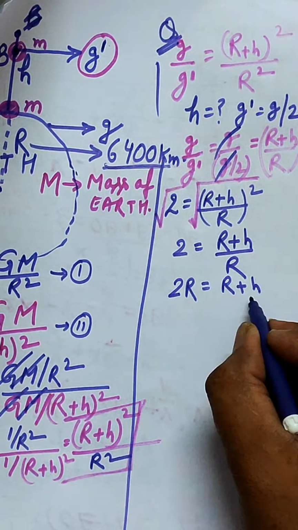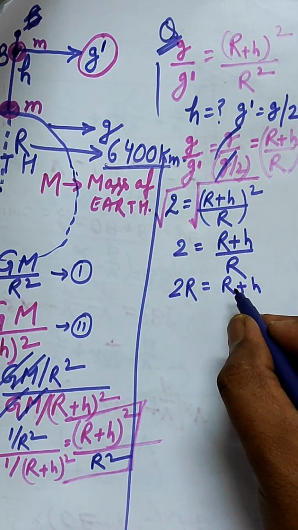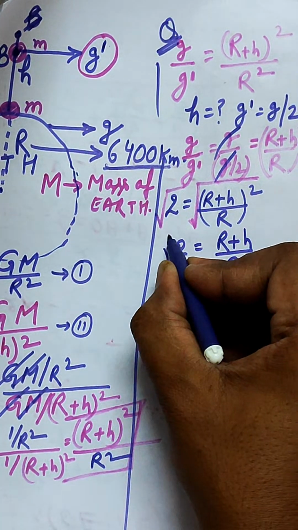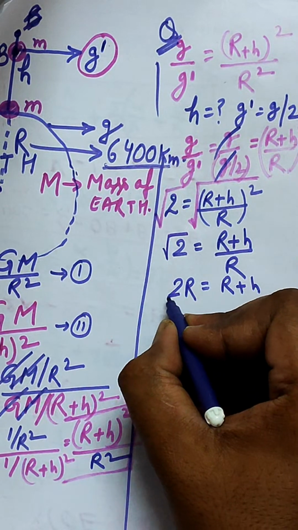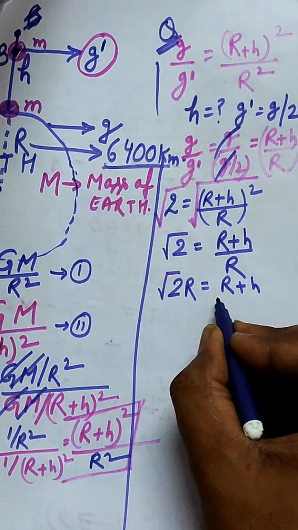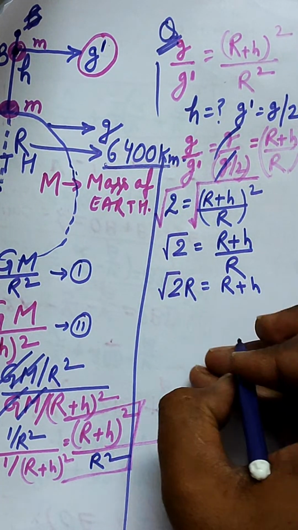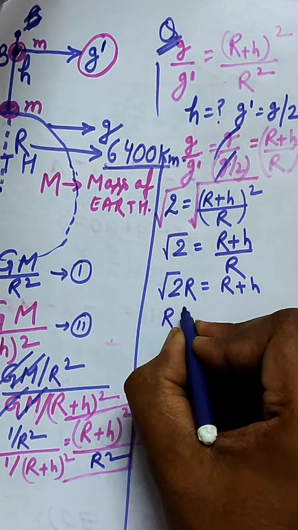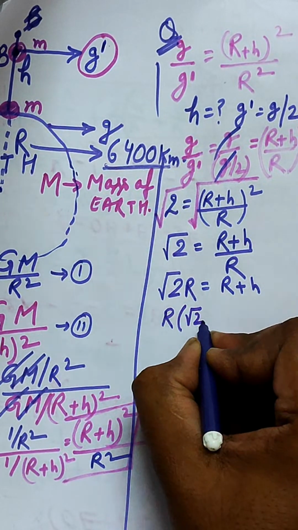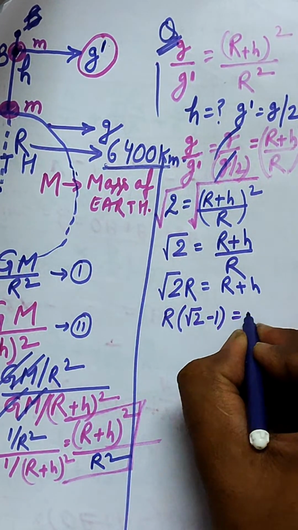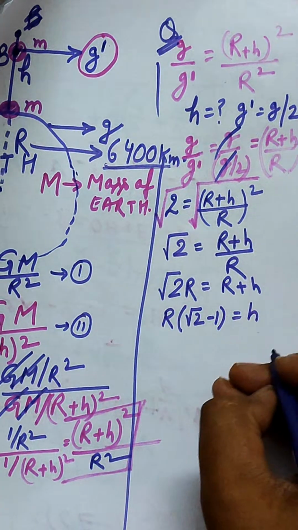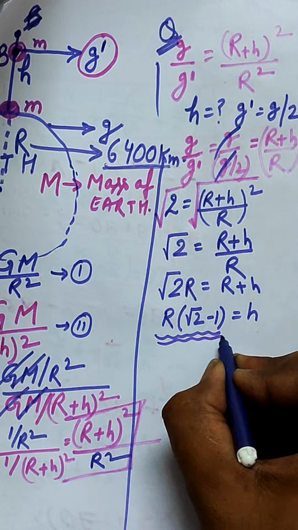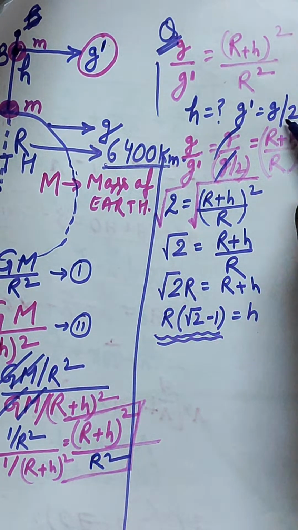So root 2 R equal to R plus h, right? So when R is taken to one side, this will be R into (root 2 minus 1) is equal to h, right? So this is the height where the acceleration due to gravity will be g by 2.